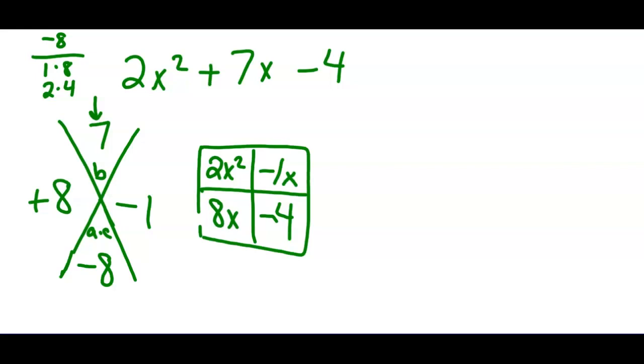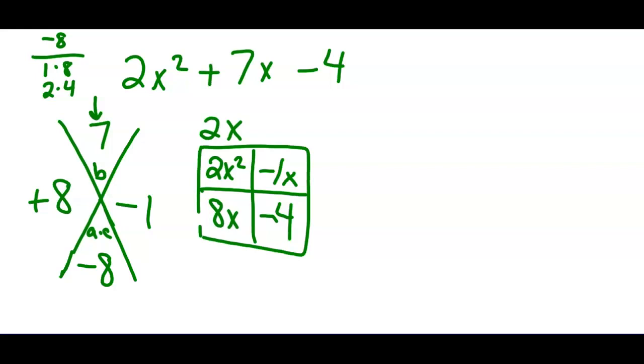So now you need to take your common terms out. Always start with these two. What do these two have in common? There's an x in common. Is there a number they have in common? Not 4, because you can't divide 2 by 4. 2, because you can divide 8 by 2. Okay, good. 2x.